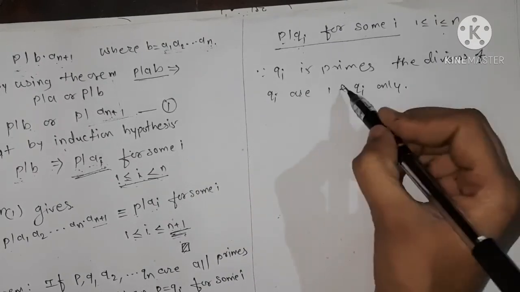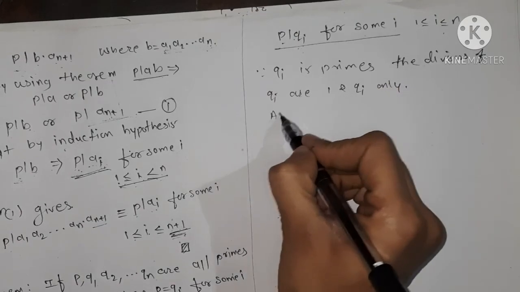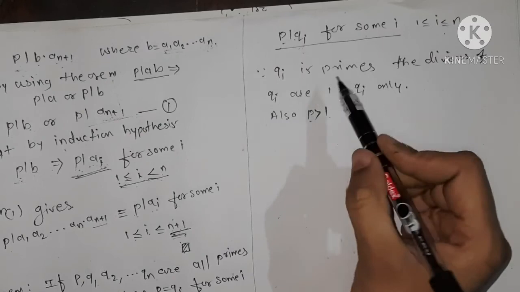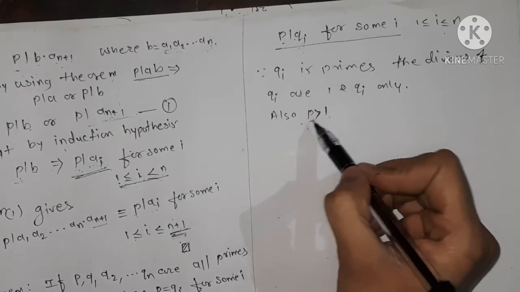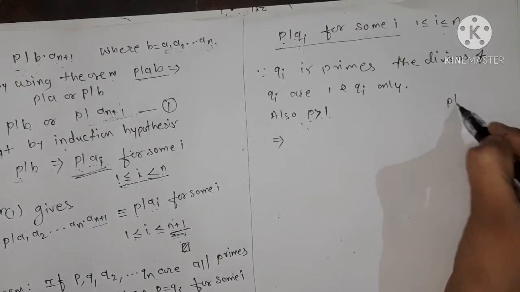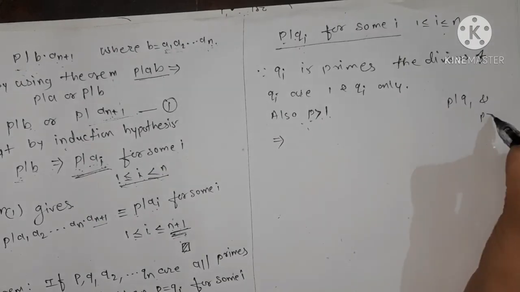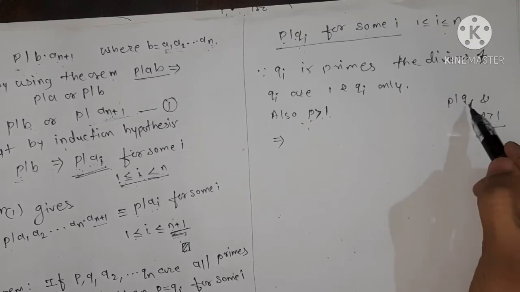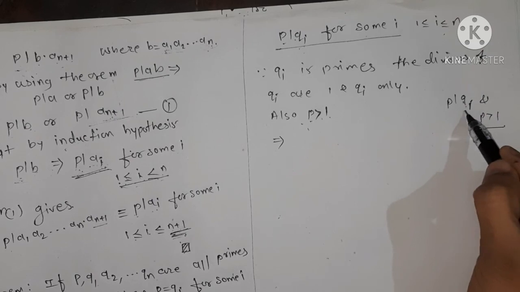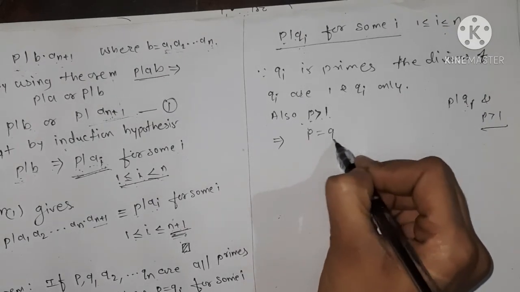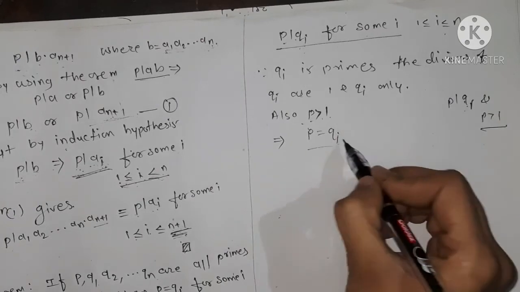Also p is greater than 1. This implies that p is dividing qi and p is greater than 1. And qi is prime, so p and qi are equal. P equals qi.